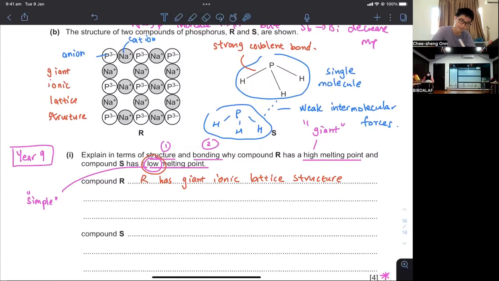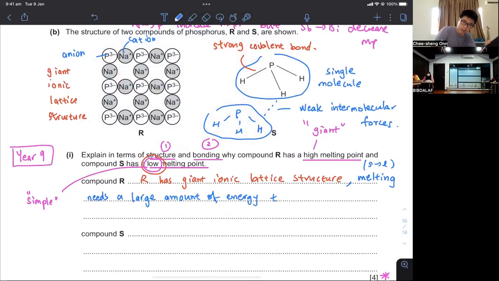I have just identified 1 out of the 4. Okay. Now that is not good enough. We need to talk about melting. So what does melting involve? Melting is solid to liquid. So melting needs a large amount of energy. How do I know it's a large amount of energy? Because of the very high melting point. What do I need to break? That's the question.